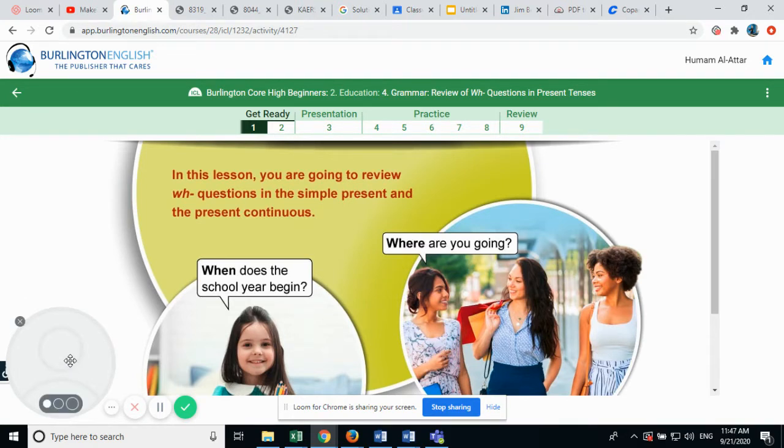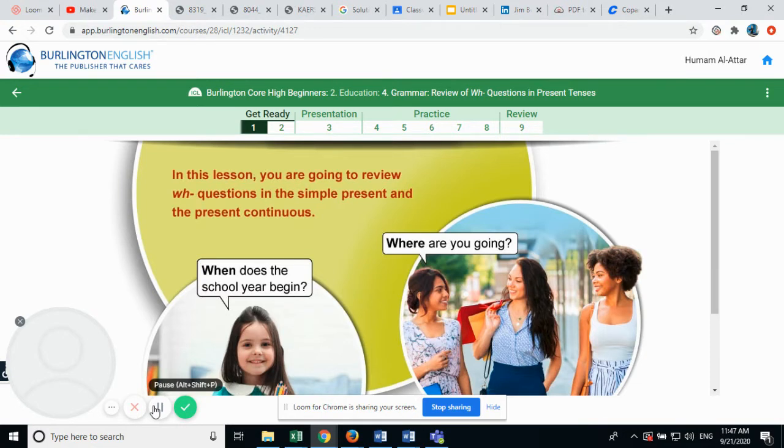Today we're going to learn how to use the WH questions in present tense. Okay? So we're going to review WH questions in simple present and the present continuous.